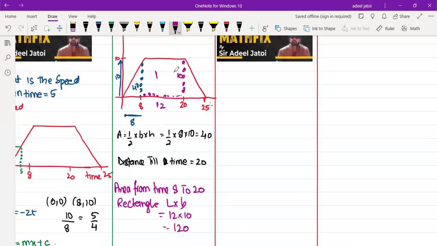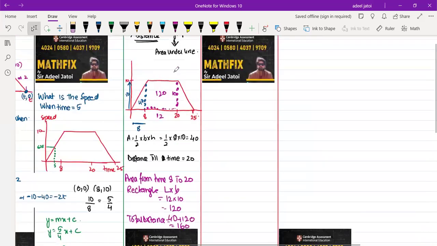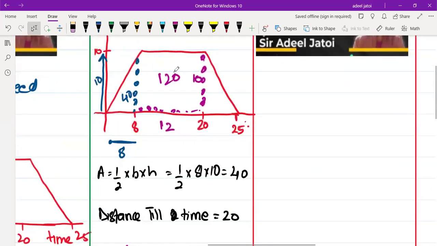So if this is 120, the total distance will be 40 plus 120, which is equal to 160. So that means you know that the distance that you are calculating till 20 is 160.